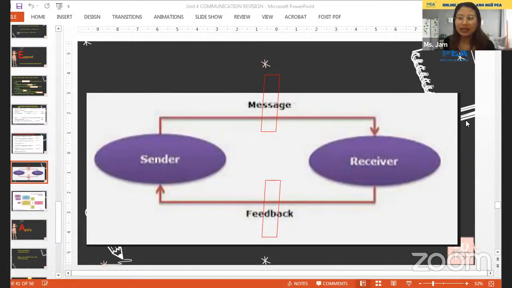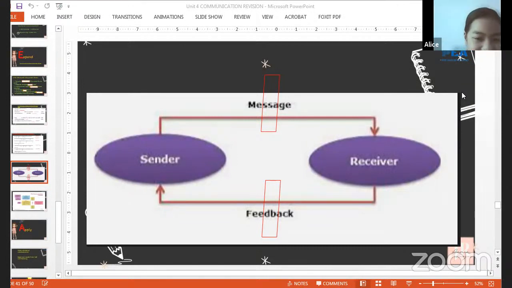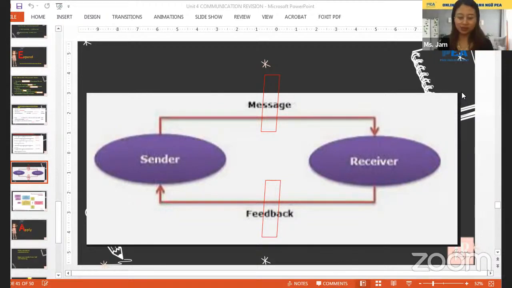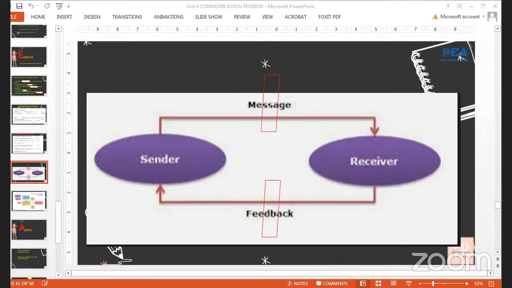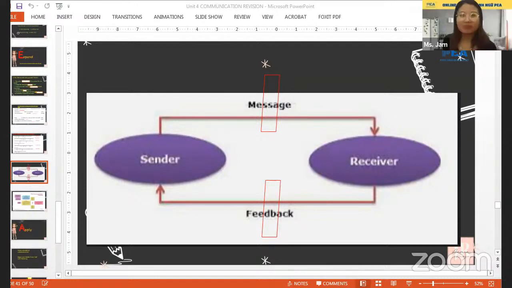Okay, how about Alice? Is there a misunderstanding that you have with your friends? I think no. No? Wow, that's good. Okay, how about Tao Chi and Kang? Would you like to share? No, I don't have any problems with my friends. That's good.